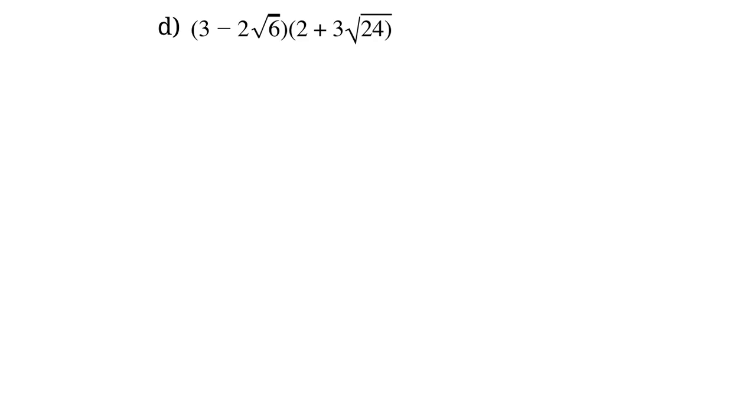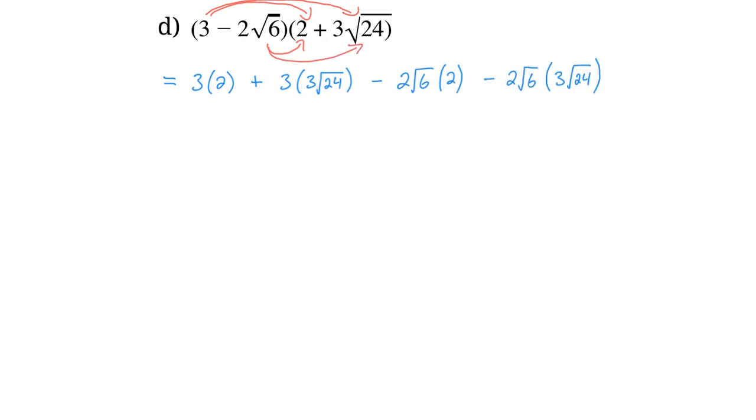So here's our next question. We have two terms multiplied by another two terms, and we're going to need to use our distributive property, but more specifically, we're going to use FOIL, okay? So we're going to multiply the first two terms together, then our outside terms, then our inside terms, and then our last terms.